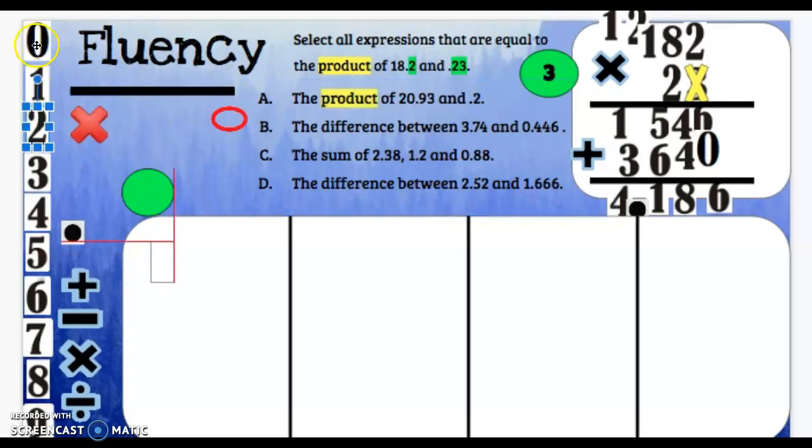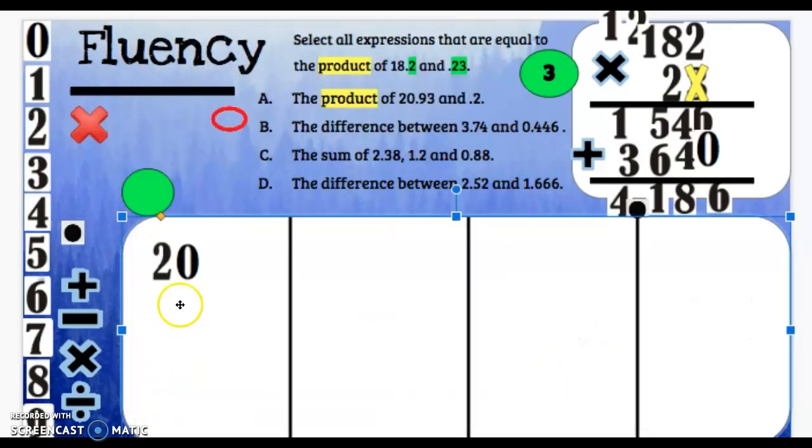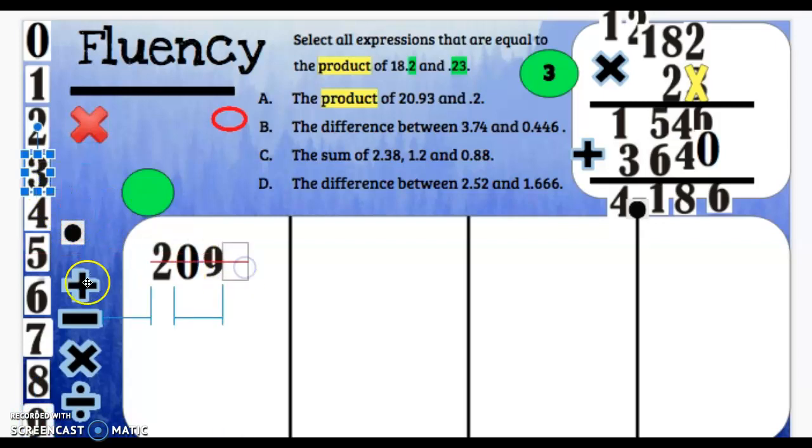So I put 2, 0, 9, 3, and then the 2 below it. And then I start multiplying it out.